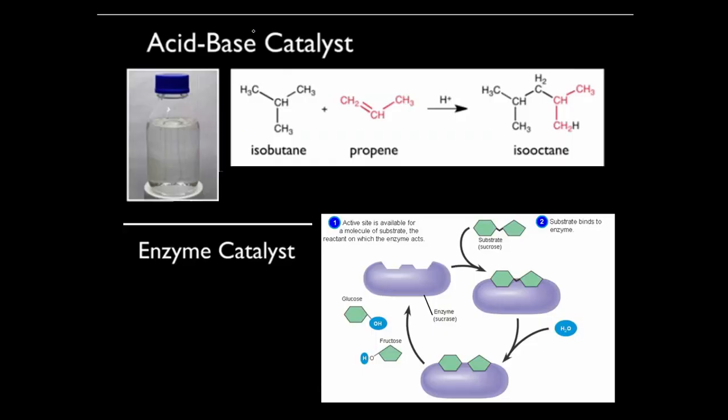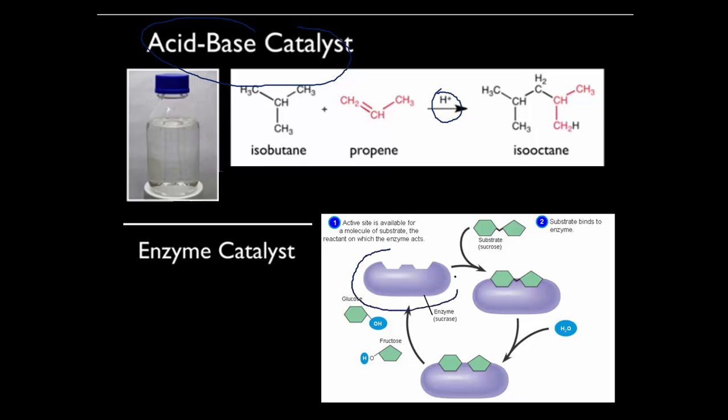Your most common are acid-base catalysts, and these usually use a proton or remove a proton to change one structure into the other. So acid-base catalysts or enzyme catalysts, which you've learned in biology.